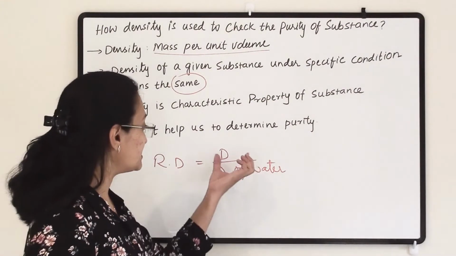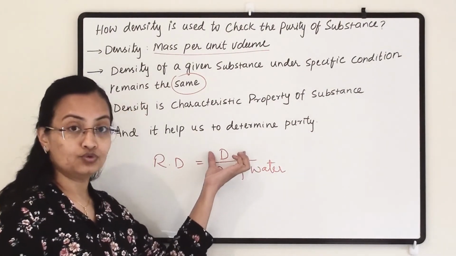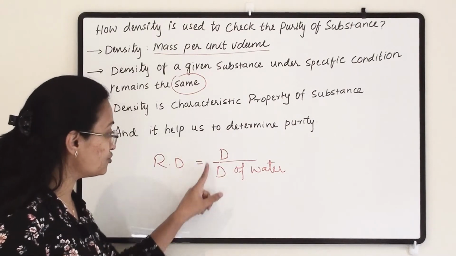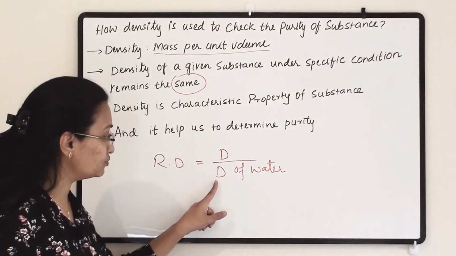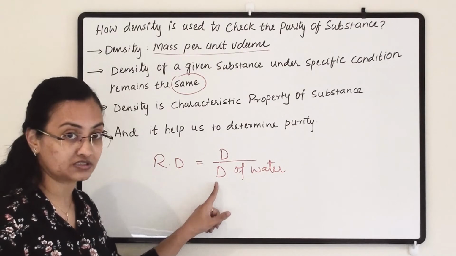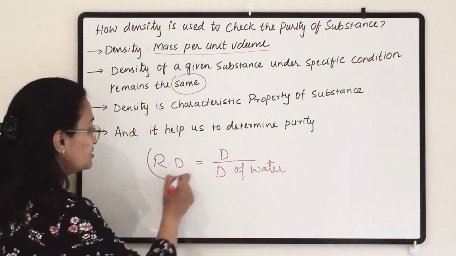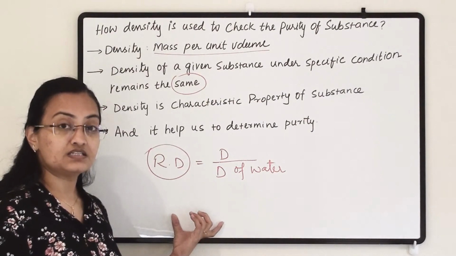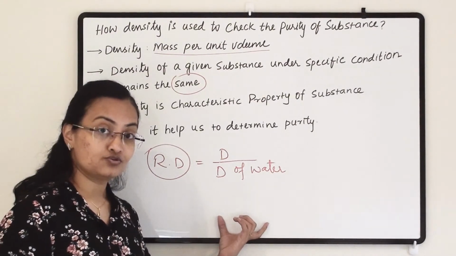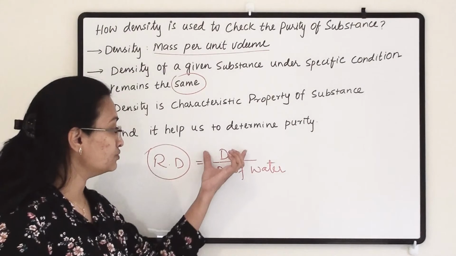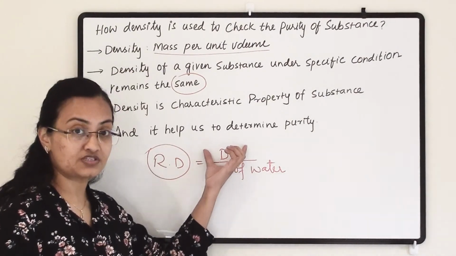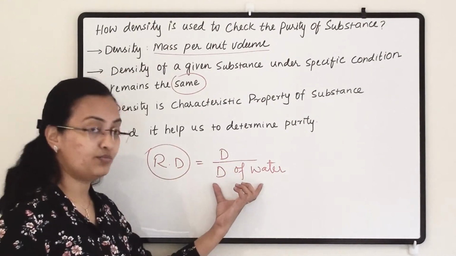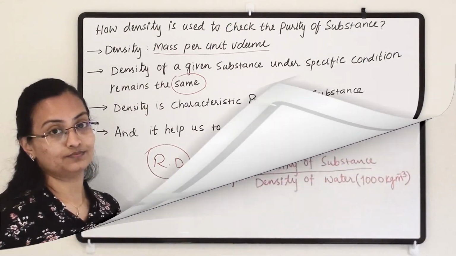So for any substance whose density you know, when you take the ratio of that substance's density to the density of water, that is known as relative density. And this relative density has no unit. So relative density is equal to the density of one particular substance divided by the density of water.